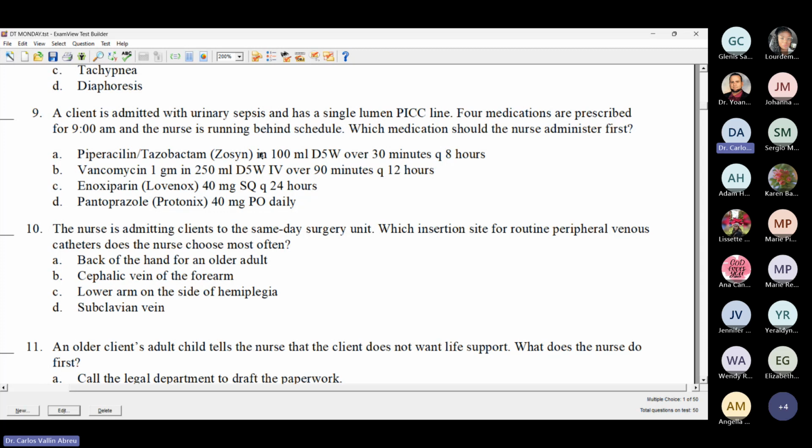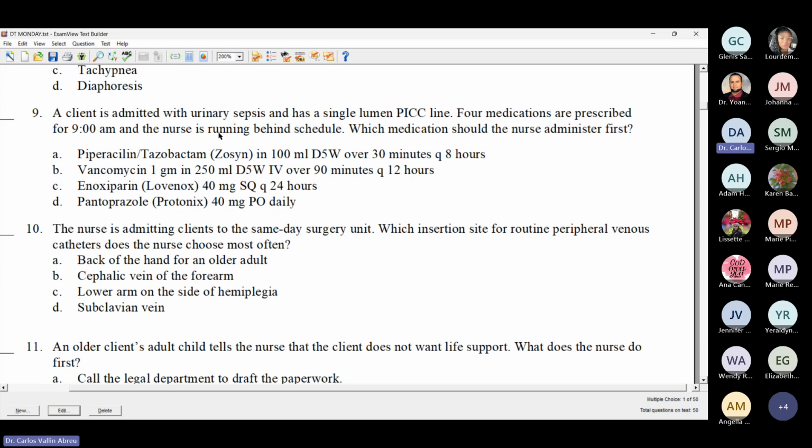This medication is given in a piggyback. 100 milliliters of D5W have the dose of penicillin dissolved, okay, and must be passed in 30 minutes, every 8 hours. The other antibiotic that has been prescribed for this client is vancomycin, 1 gram in 250 milliliters D5W to pass in 90 minutes every 12 hours.